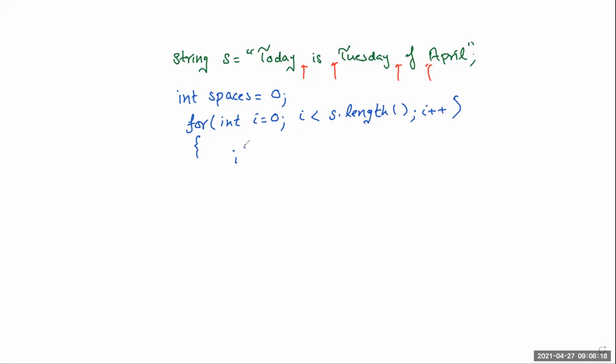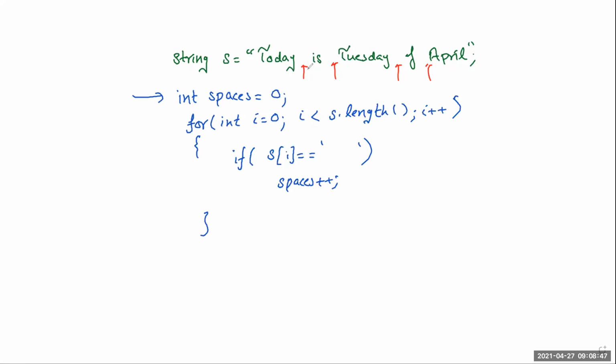So we just need to say if the current character is a space, so this is actually a blank character, then you need to increment this variable. So what will happen with this, it will visit every character turn by turn, and whenever there is a space, it will add one to this variable, right?